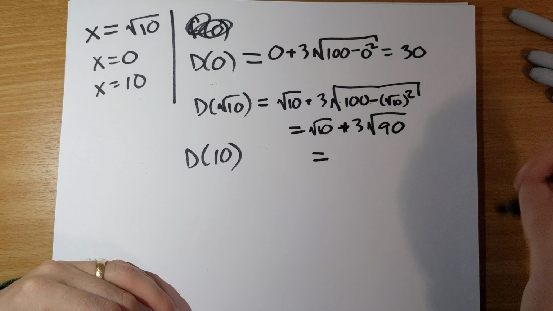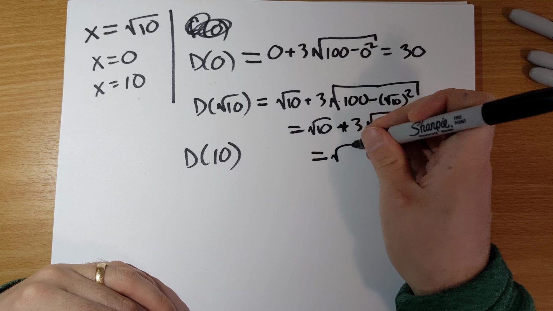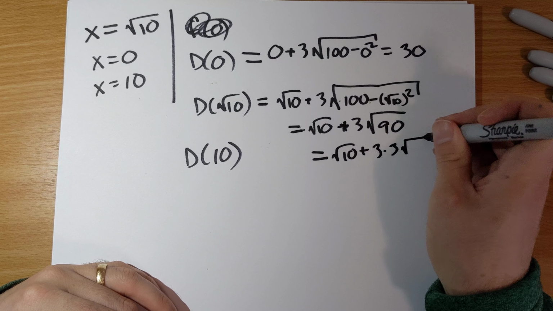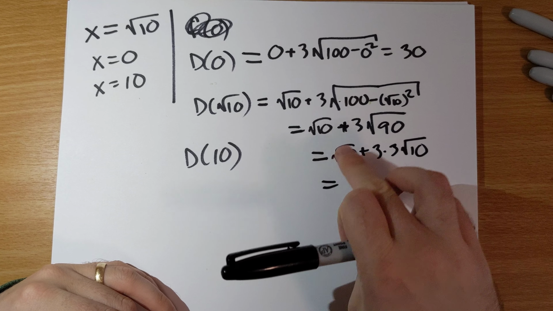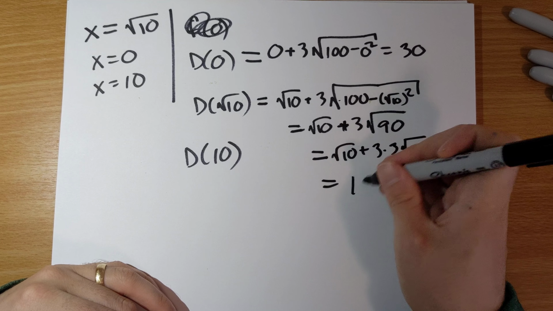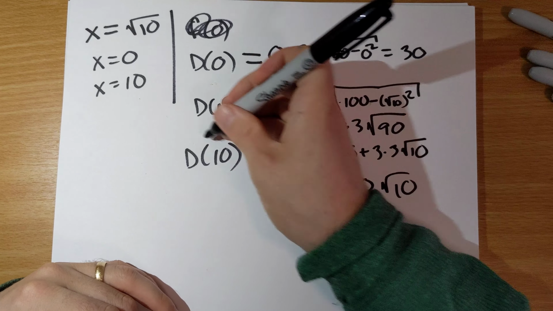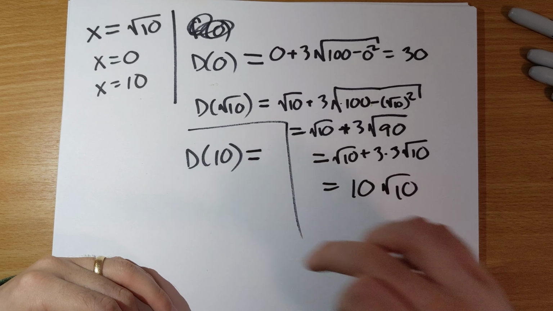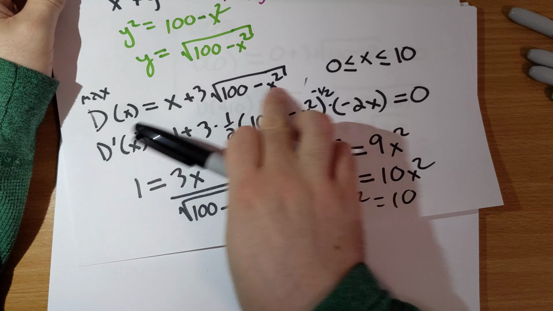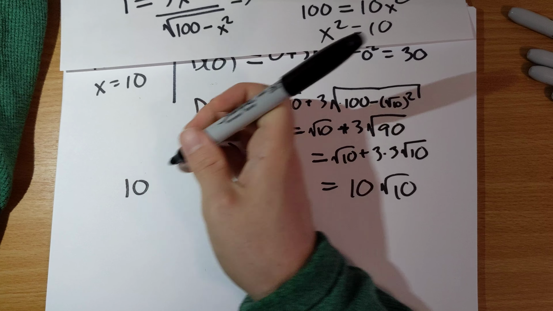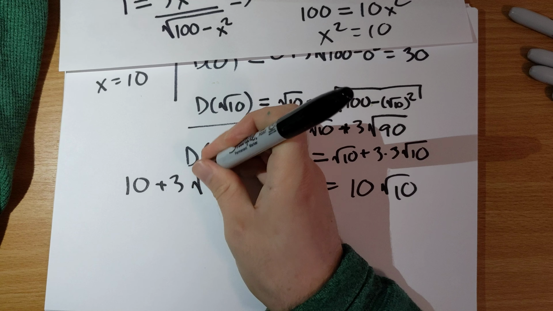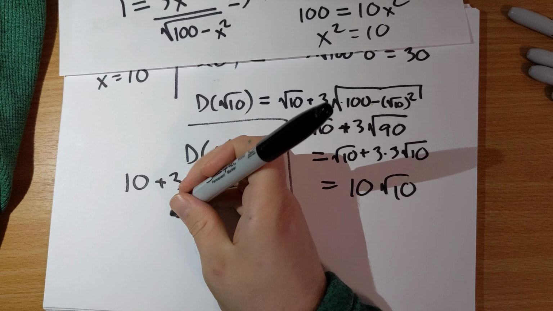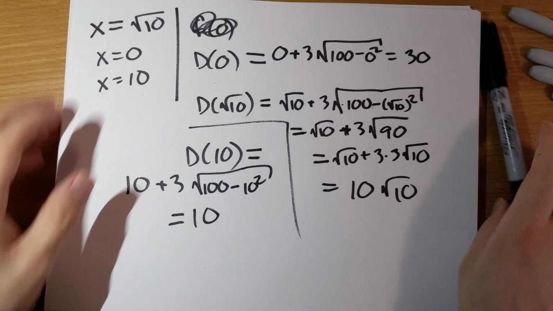And the square root of 90 is 3 times the square root of 10. So it looks like we have 1 square root 10 plus 3 square root 10, which is 4 square root 10 here. And then finally, we need to check d of 10 here. Plug that in, and we would get 10 plus 3 times the square root of 100 minus 10 squared. That will be 0, so we just have 10.